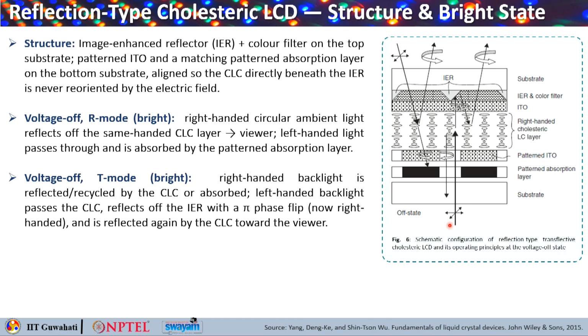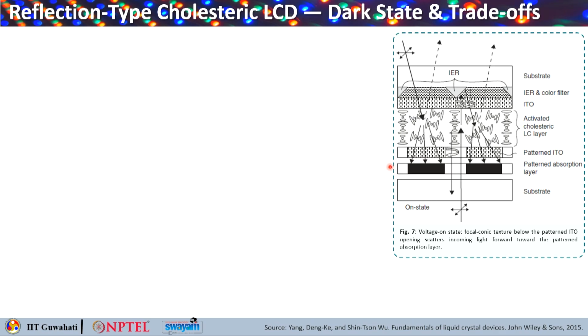The right-handed backlight is basically reflected or recycled by the CLC, or it is getting absorbed, and the left-handed backlight passes through the CLC, but it gets reflected off this IR layer with a pi phase flip, so it now becomes right-hand circular polarization, which is essentially reflected by the CLC layer towards the viewer. So that is what happens in the off state.